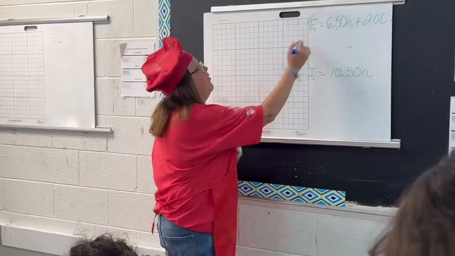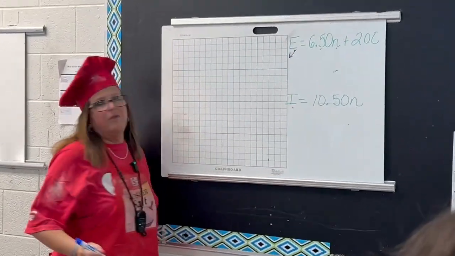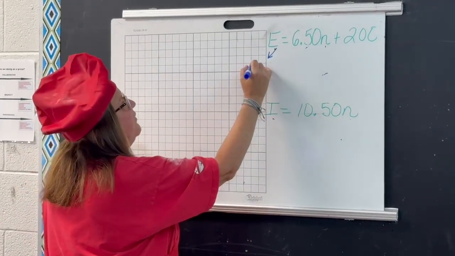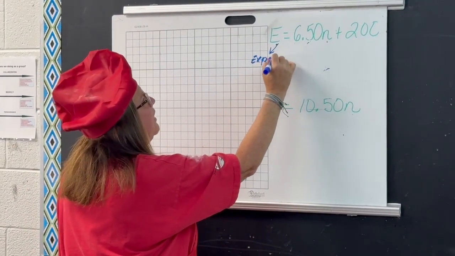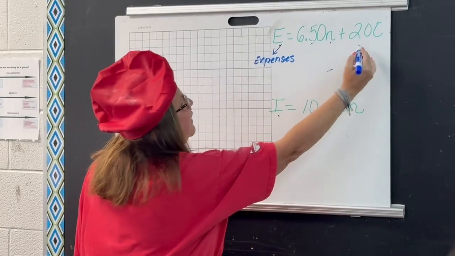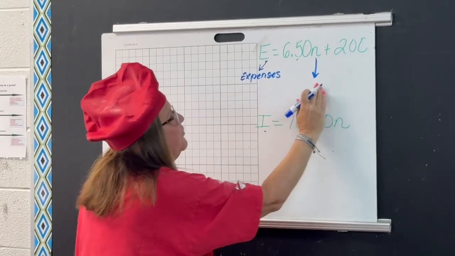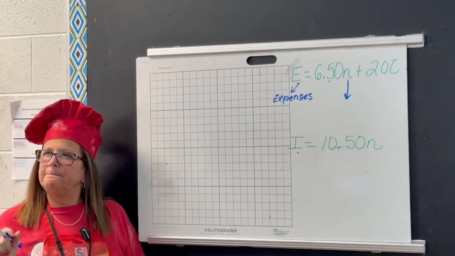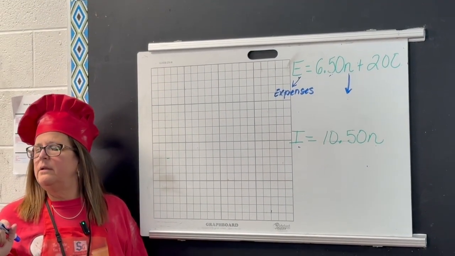So can somebody help me define the parts of this equation? What does the E represent? Expenses, which you guys just did a great job explaining. And what does the N represent? Is the N the rate?